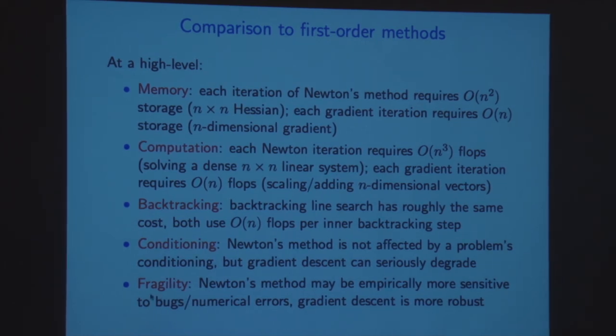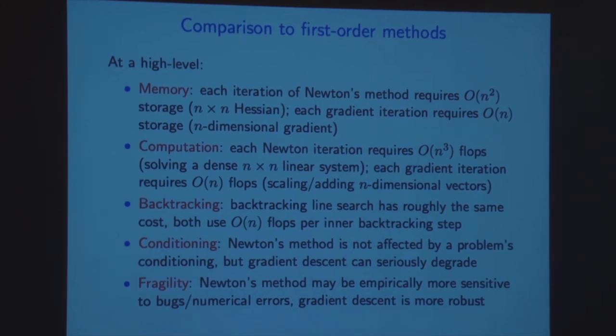This one is not as precise as the others, but there's an issue of fragility, or numerical stability, we have to pay attention to. Newton's method, in my experience, is more empirically sensitive to numerical errors, say in the calculation of the descent direction.